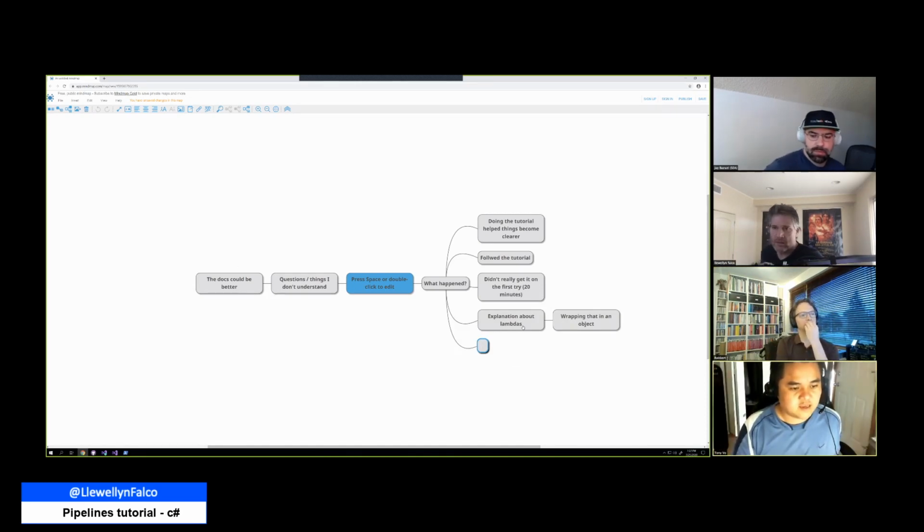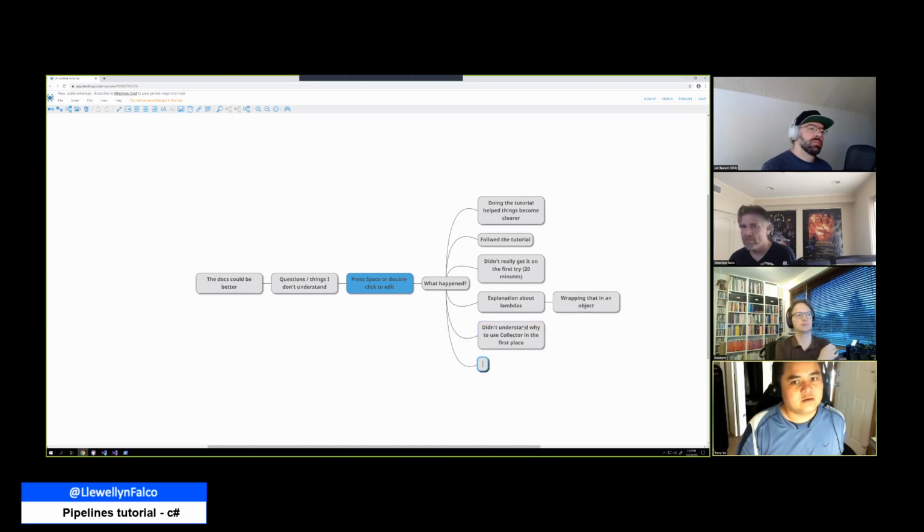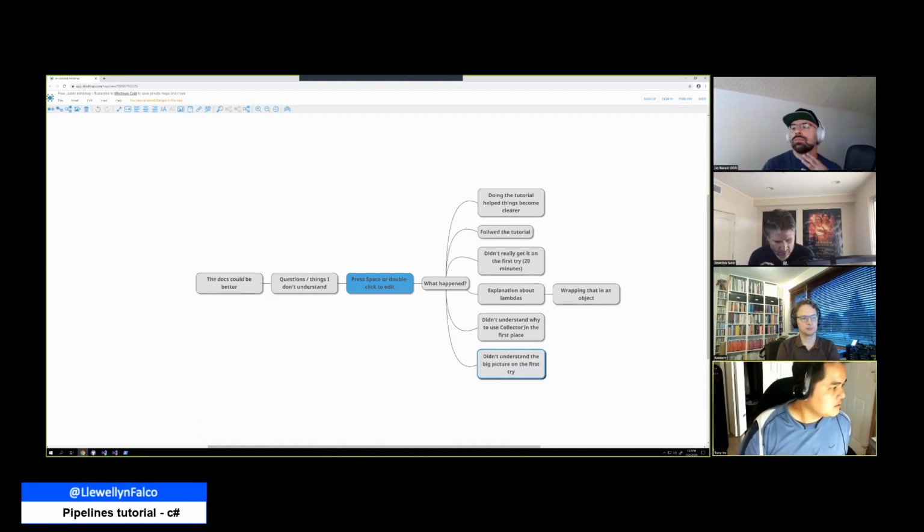We don't understand why we want to use the collector in the first place. And we don't understand the big picture when you try to explain it for the first try. I was confused about doing a verify in the middle of the code and not in a test.